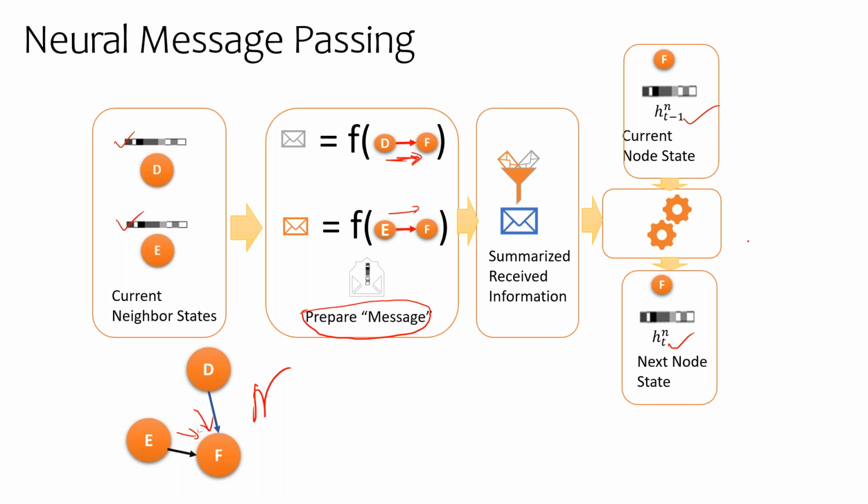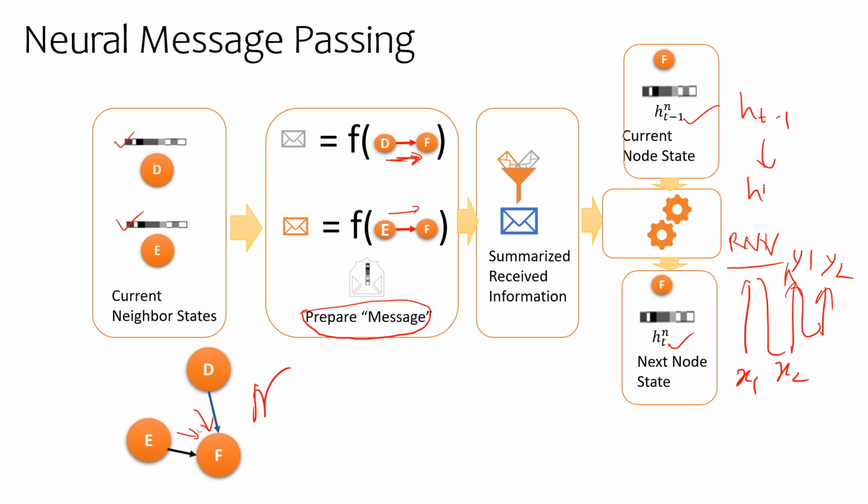Like in any RNN network, we pass in some value and we predict the next output, right? So if we are passing any input to the network, it gives me the predicted value. Similarly, for timestamp t minus 1, I will be predicting the next node state. That's what neural message passing is.